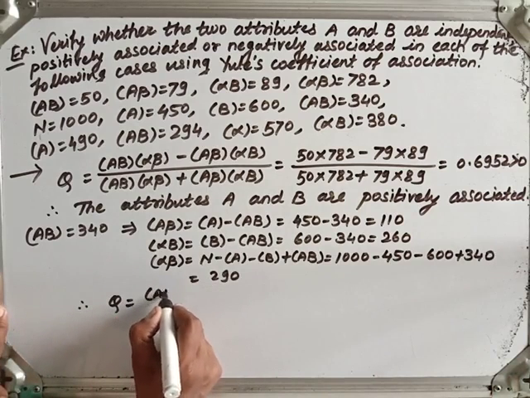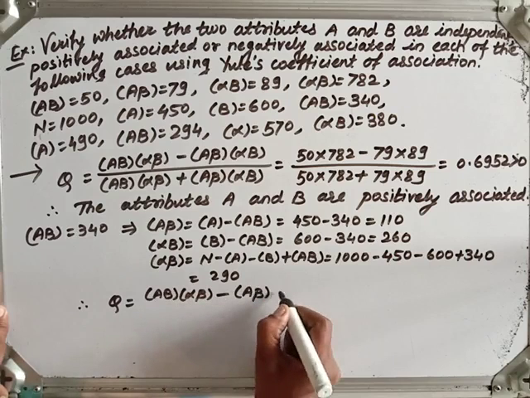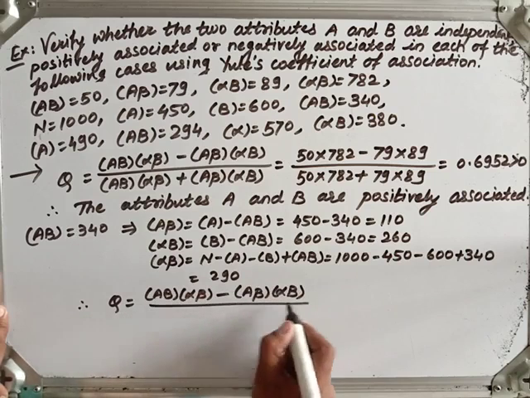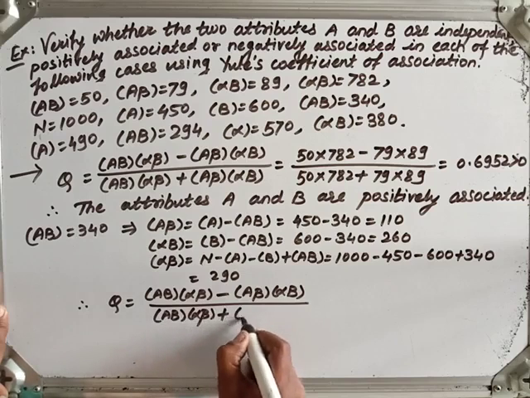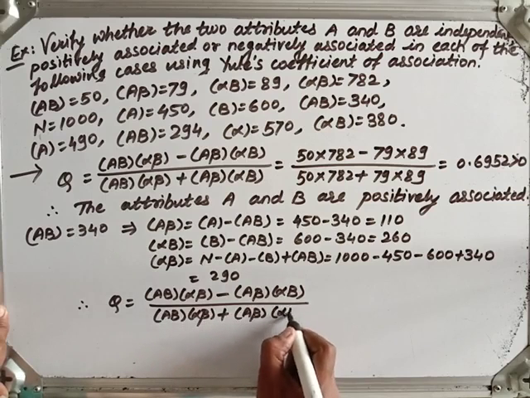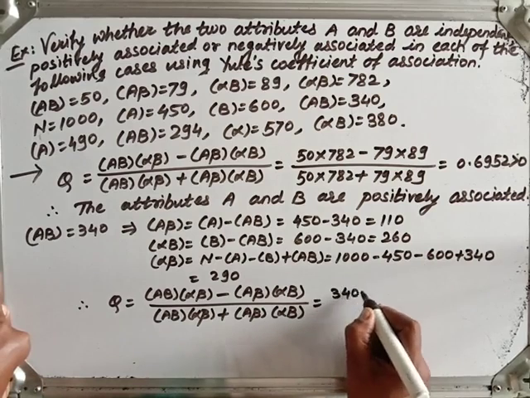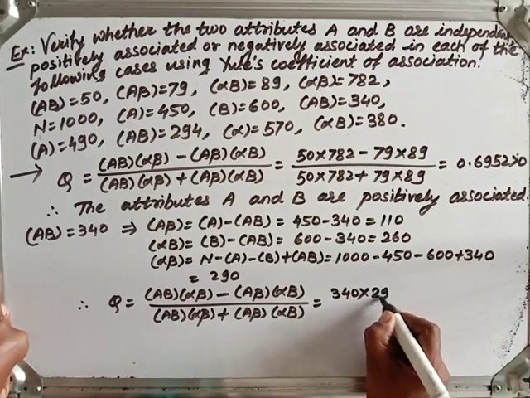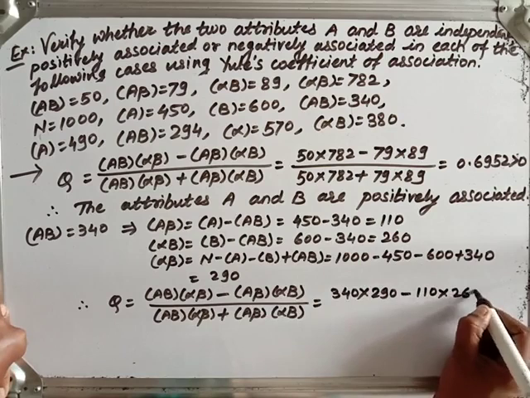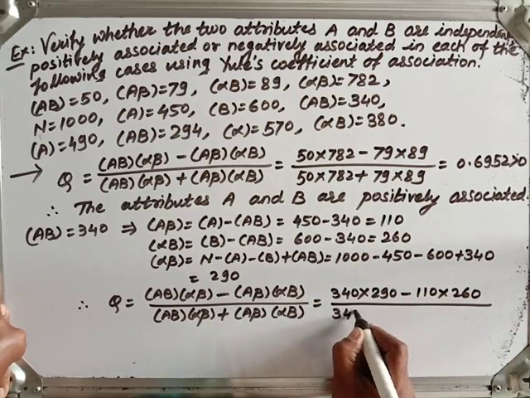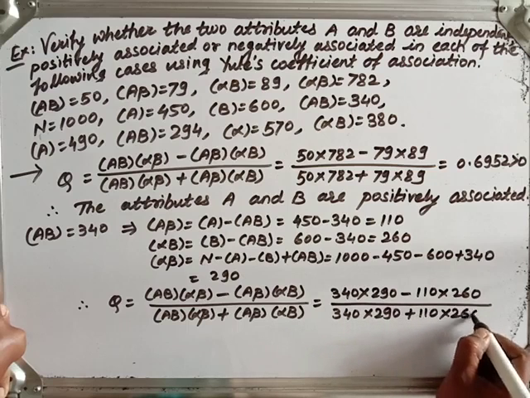Therefore, what is Q here? The formula for Q will be the same. Put these values here: AB is 340 into alpha beta is 290, minus A beta is 110 into 260, upon 340 into 290 plus 110 into 260.